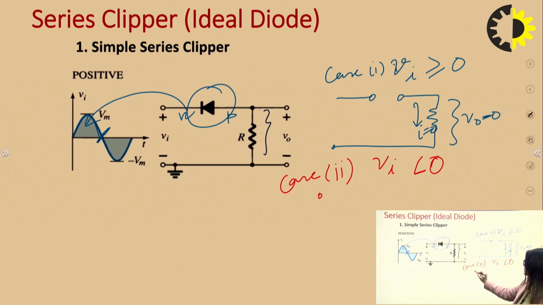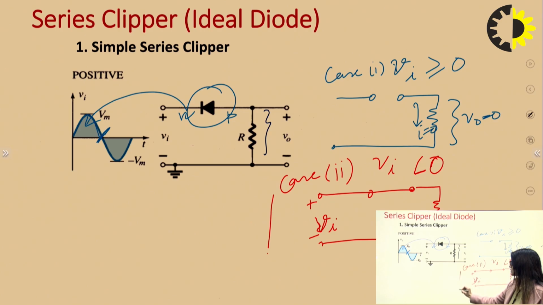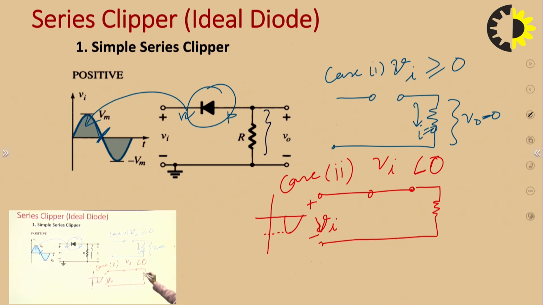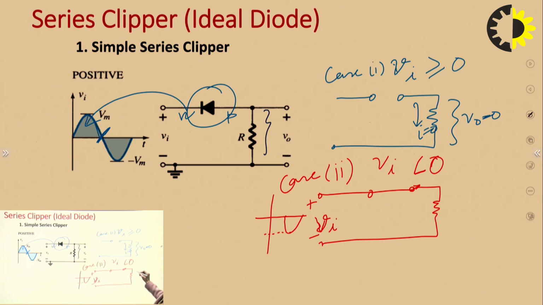So the diode is like this. So for this particular part of the waveform, the diode is short circuit and VO is equal to Vi.